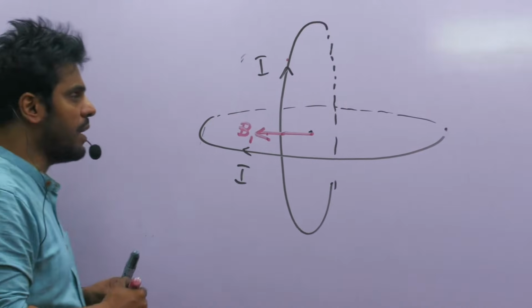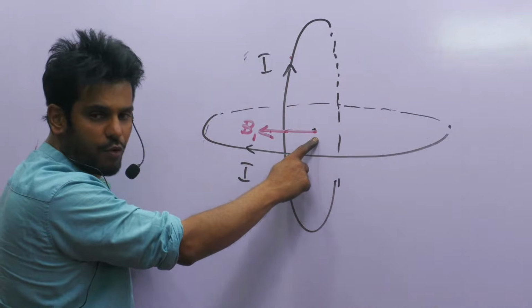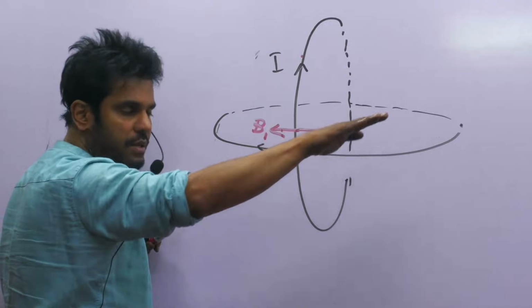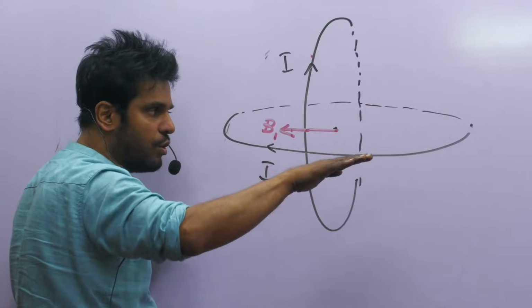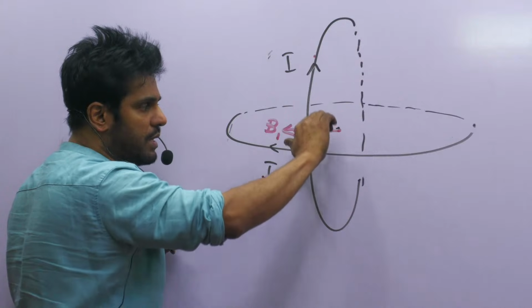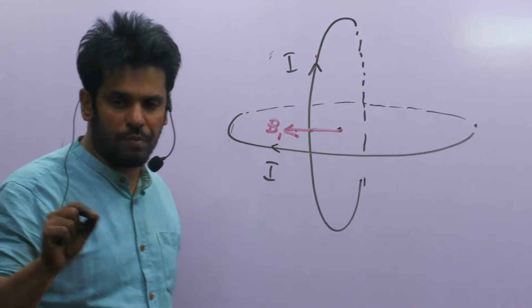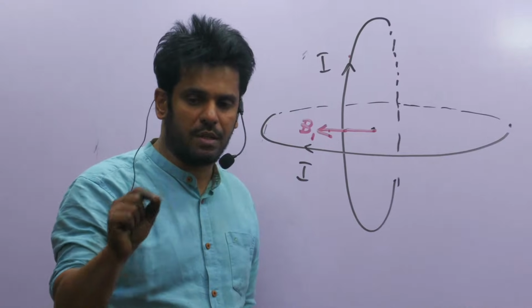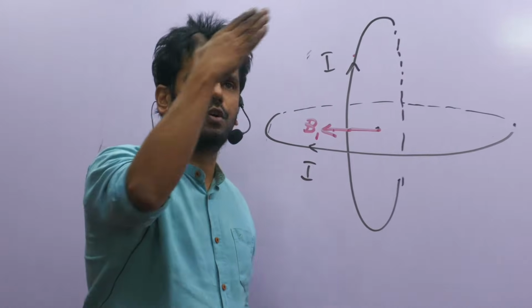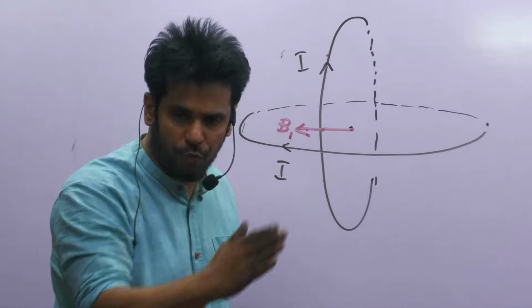Now again, label at the center the direction of the magnetic field due to the horizontal loop. This is the horizontal loop. Here I give the direction of current like this, so it makes downwards, because I told you the direction of the magnetic field at the center due to a current-carrying loop is always perpendicular to the plane of the loop.